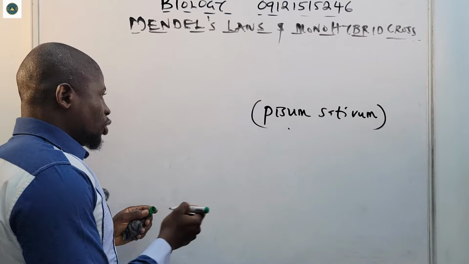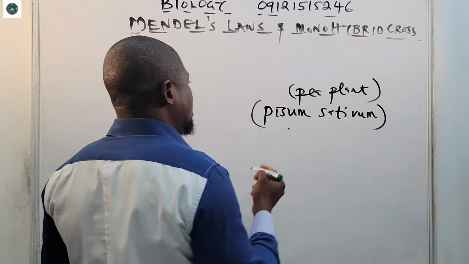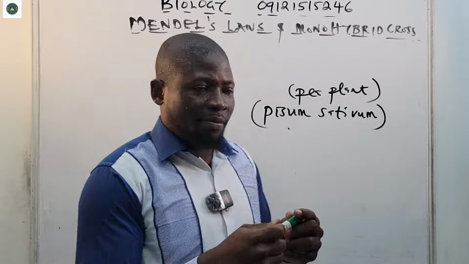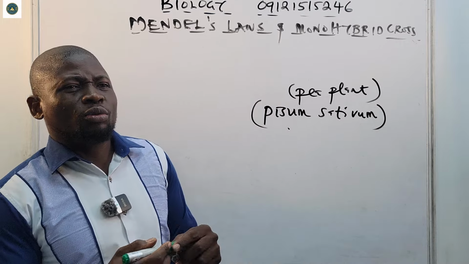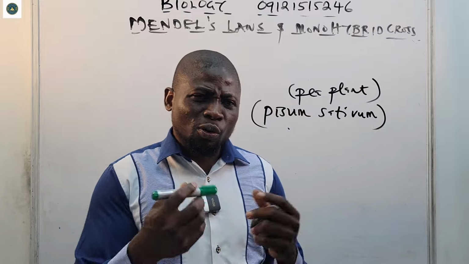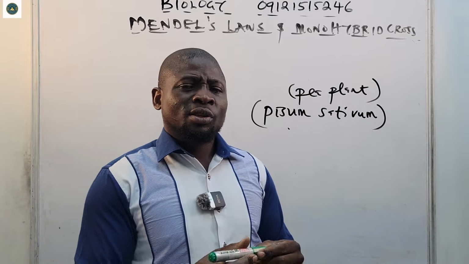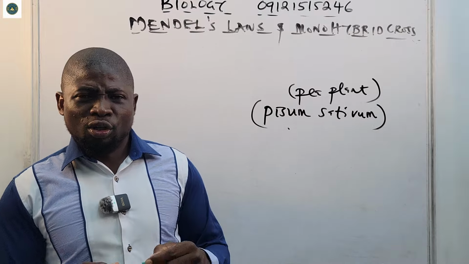So he worked on the pea plant, known as Pisum sativum, and that led him to devise an understanding of how traits, how genes, were transferred from parent to offspring.